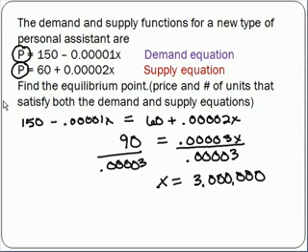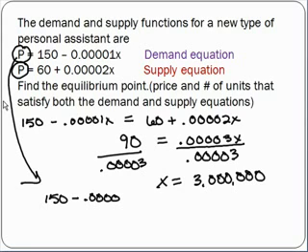And now we have to figure out, well, if we sell that many of them, what price can we get for that? So we have to substitute it back into either one of those equations to figure out what the price would be. So if you pick the first equation and you plug it in, you'd have 150 minus 0.0001 times x, which is 3 million.